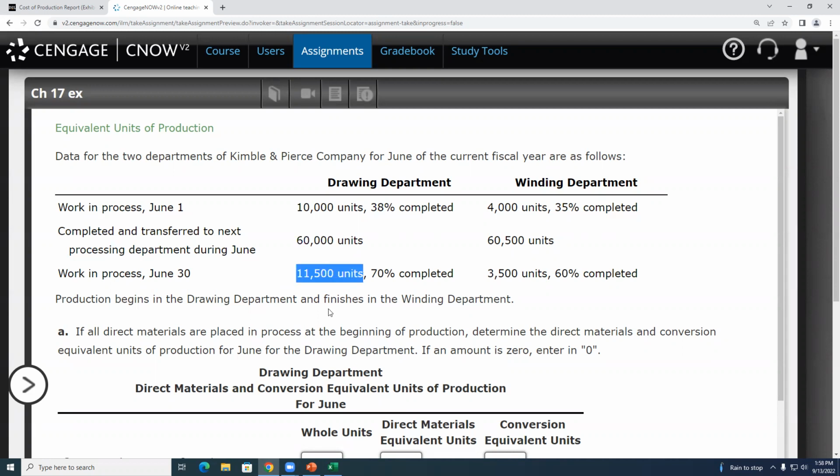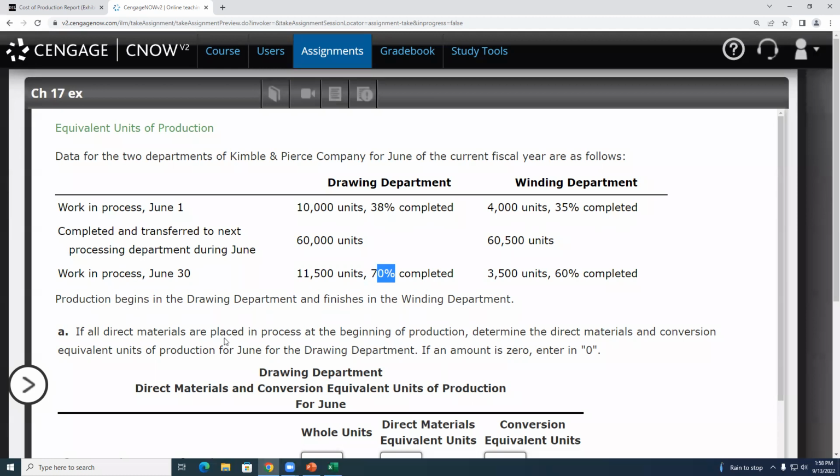Well, just because it was the end of June doesn't mean we stopped work and we were done with everything. We can see here that there were actually 11,500 units that we were still working on at the end of June, and we were 70% done with those. So if we had 60,000 units started, plus the 10,000 that were already in beginning inventory, we were working on a total of 70,000, and 11,500 were not finished at the end of the month.